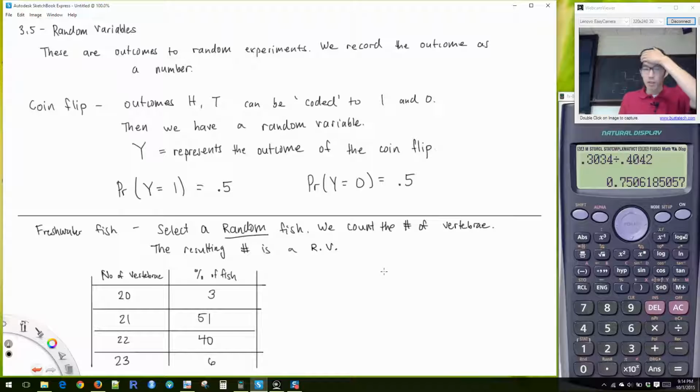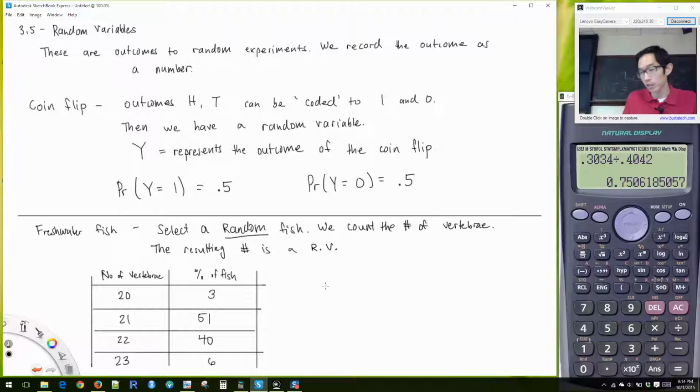To get the mean, we would not take these outcomes, add them up, and divide by 4. Do not do that. We have to weight each of these outcomes by how likely those outcomes are. So we have to get a weighted average.